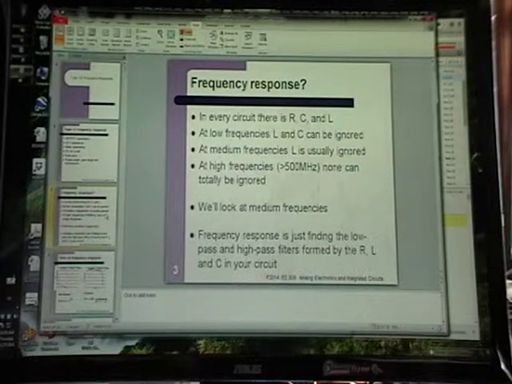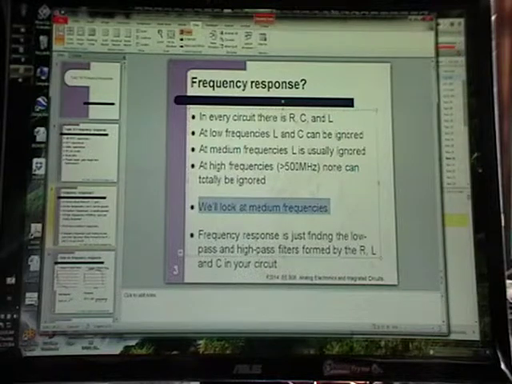You'll see the details in the RF classes. To get around inductance, we look at medium frequency response, which pretty much means you get to ignore the inductance.